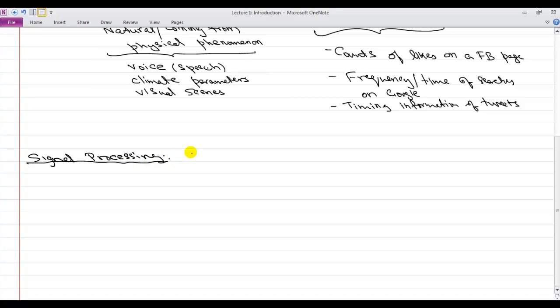And what is signal processing? Signal processing is the ways, the means of extracting information out of signals. So anything that you do on data or on signal to extract any information, you will call that signal processing.